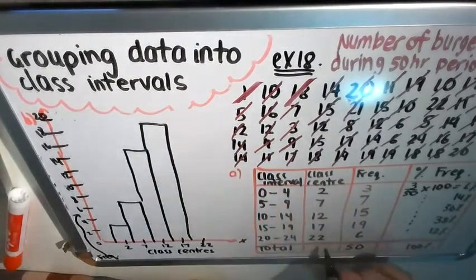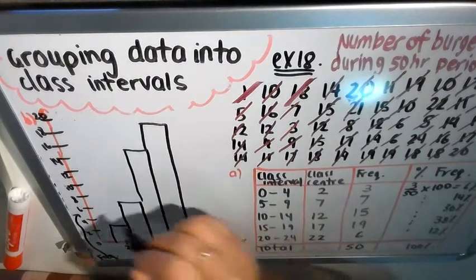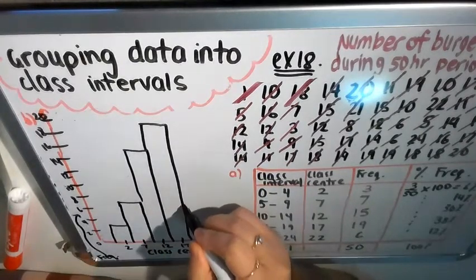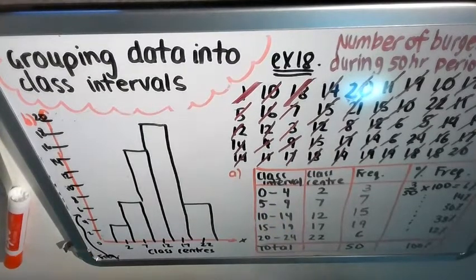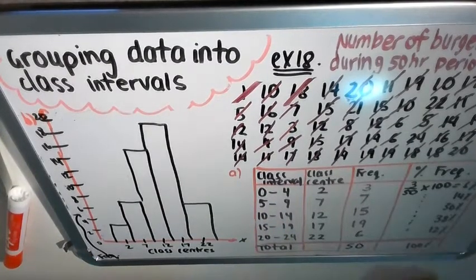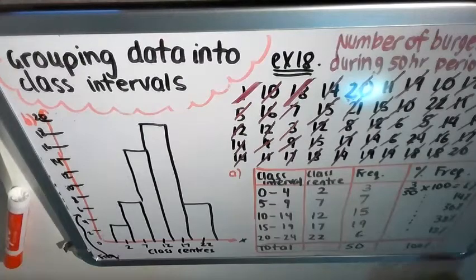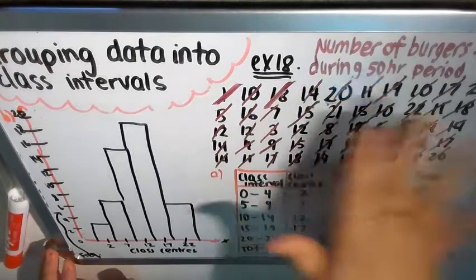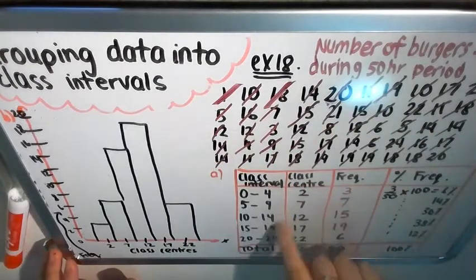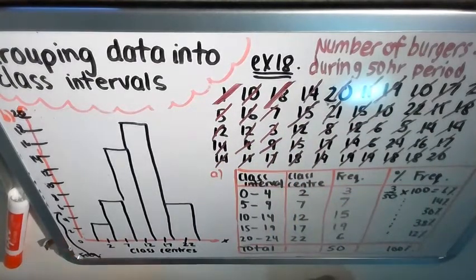And the class center of 22 has a frequency of 6. So that is right here. That's it. That is our frequency histogram. All right. Hopefully that helps you understand how to organize a lot of data into class intervals and then present that into a histogram.